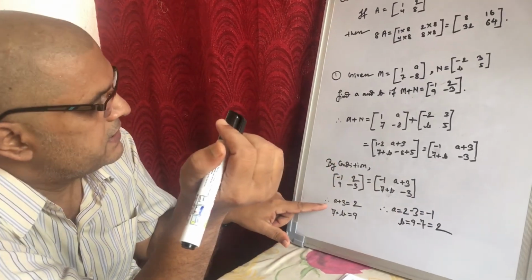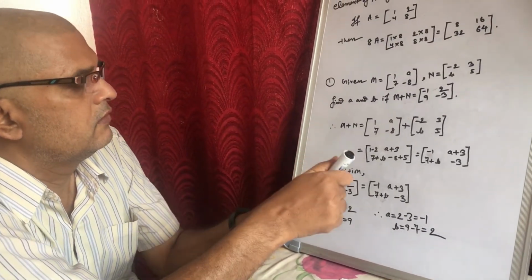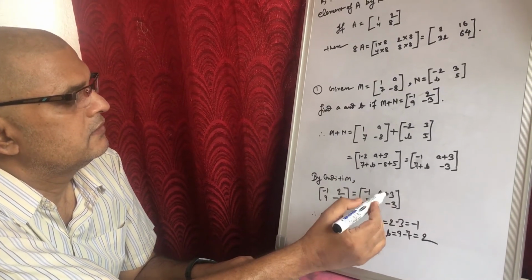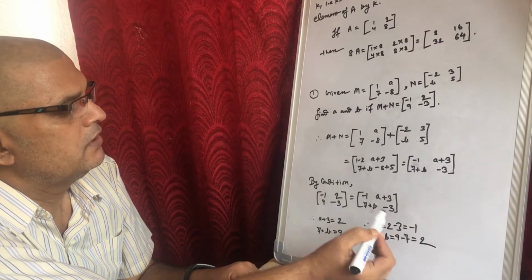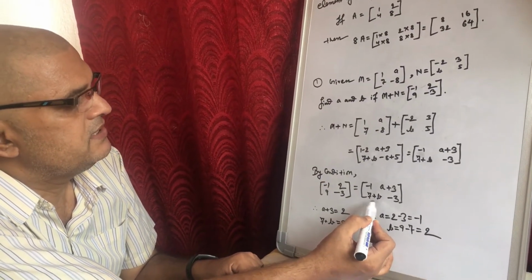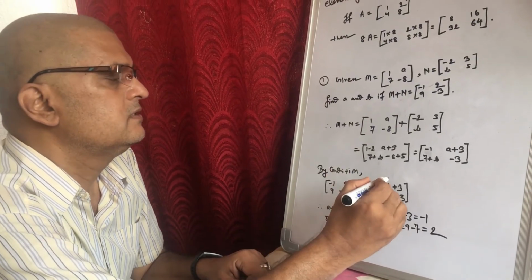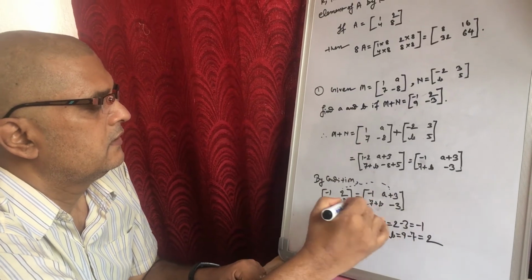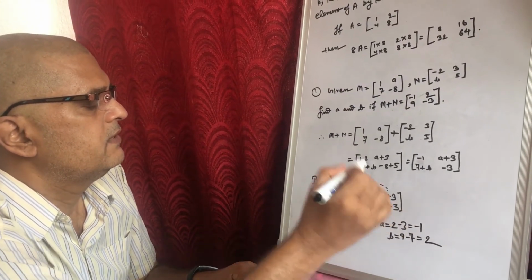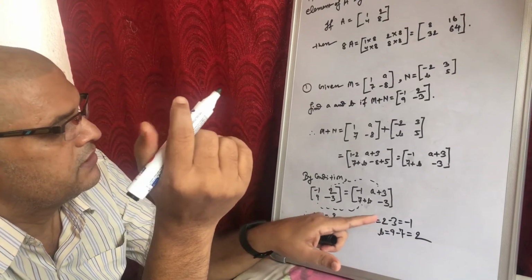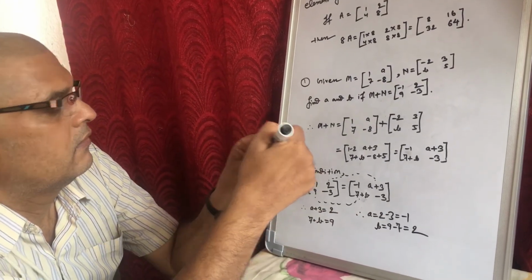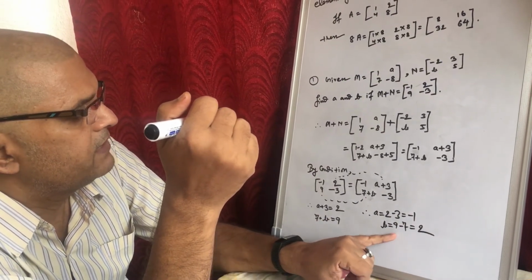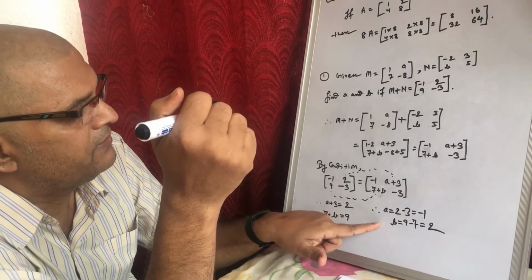The corresponding element of a plus 3 is 2, and the corresponding element of 7 plus b is 9. That means a plus 3 will be equal to 2, 7 plus b is equal to 9. So a is equal to 2 minus 3, which is minus 1. B is equal to 9 minus 7, which is 2. So this is the value of a and b.